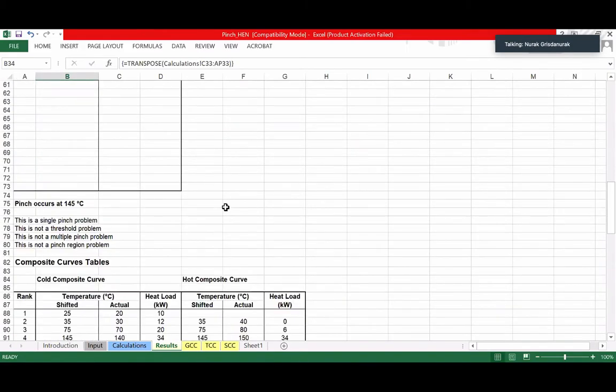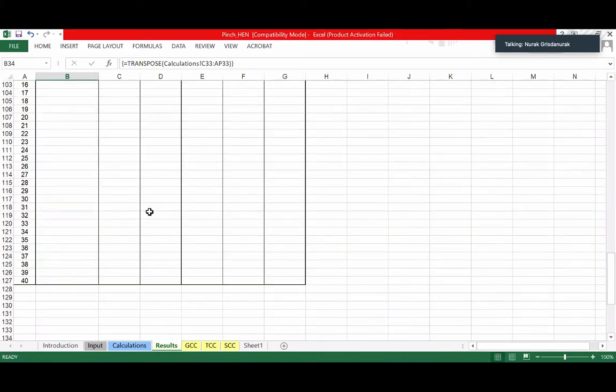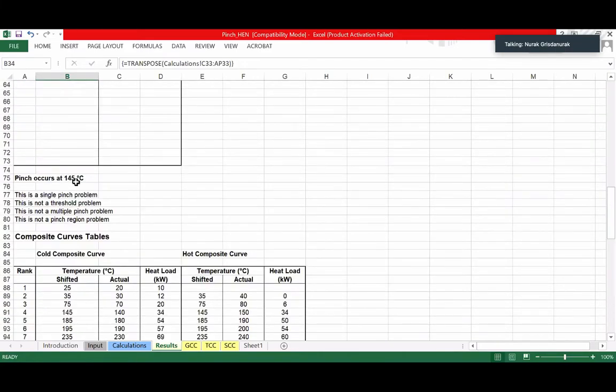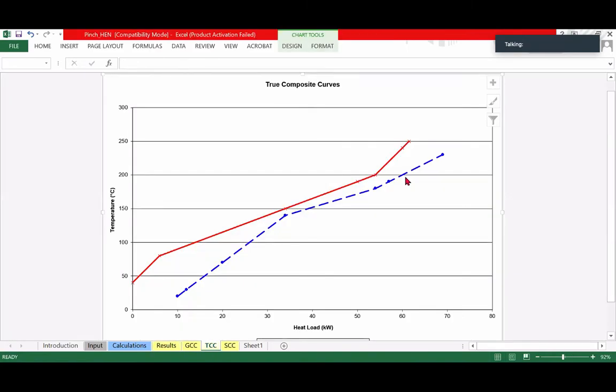What else do we get? The pinch occurs at 145, so for hot and cold we add 5 and subtract 5. From the result we go to the temperature composite curve. Does it look like the picture? Look at another page. Okay, I stop sharing now.